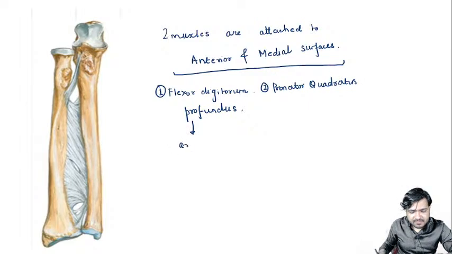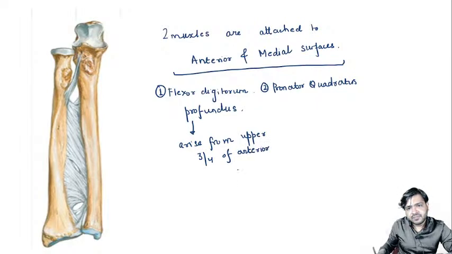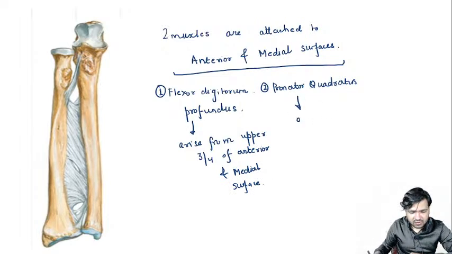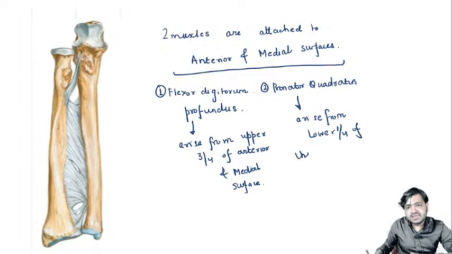flexor digitorum profundus, basically they arise from upper 3/4 of anterior and medial surfaces, okay, and pronator quadratus, it is just below this, so it will arise from lower 1/4 of the anterior surface of the ulna.